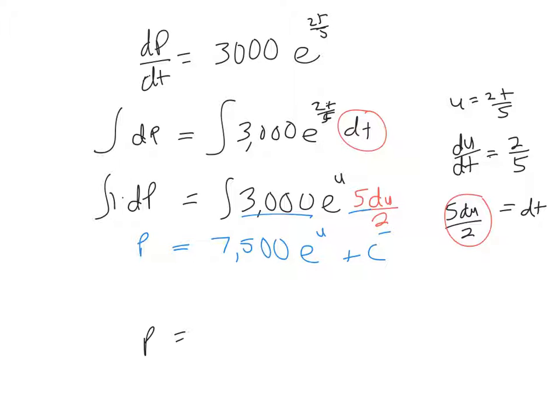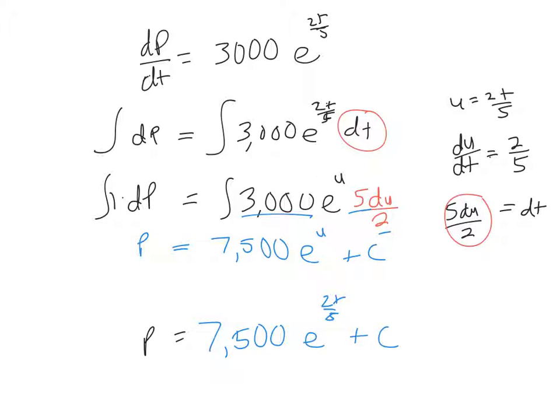Now I'm going to put my u back in. So that's really 7,500 e to the 2t over 5 plus c. This is my general equation, and to solve for my initial condition I want to get my particular solution from my general solution. So I'm going to substitute in.